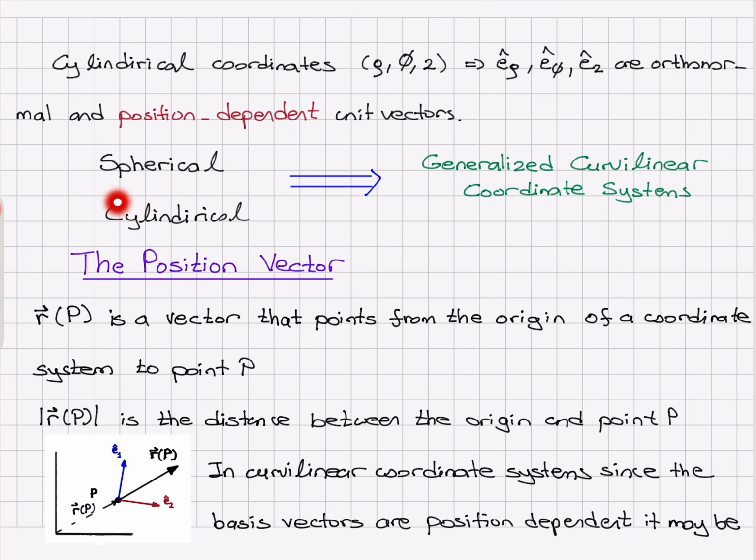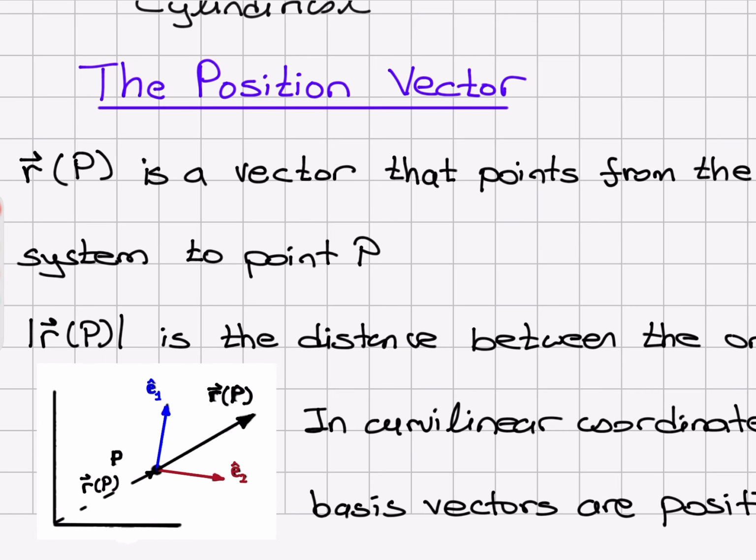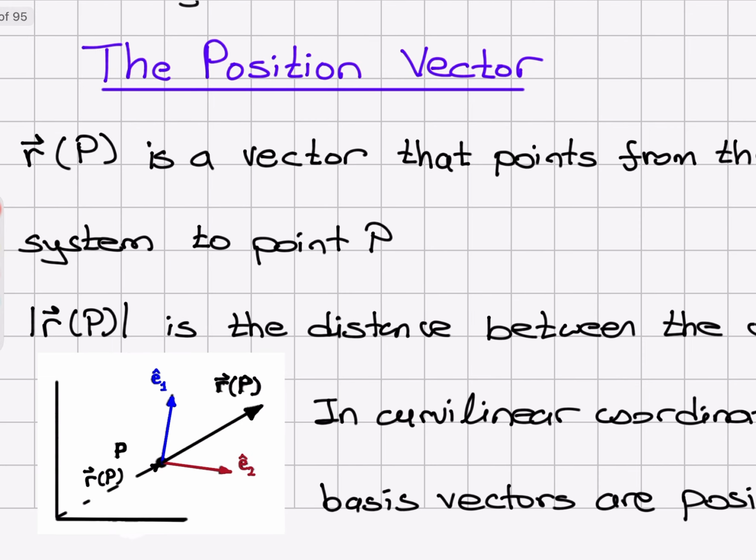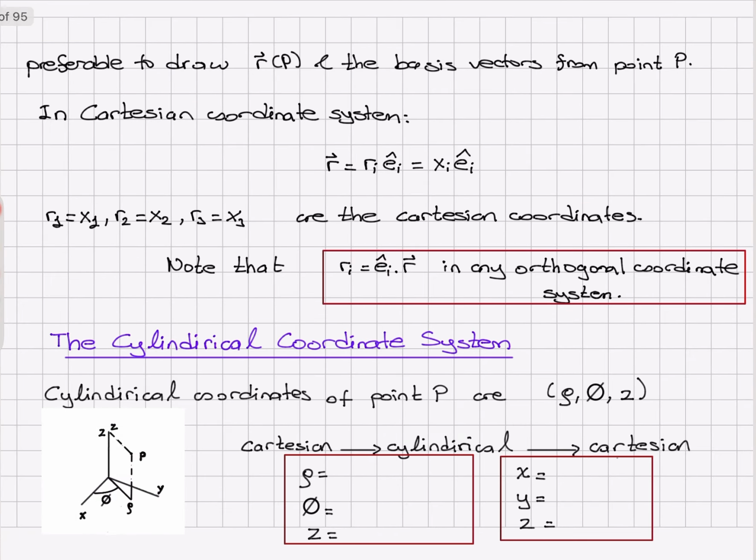So these spherical and cylindrical coordinates belong to the generalized curvilinear coordinate systems, and the position vector is defined as the vector that points from the origin of that coordinate system to the point of interest, with its magnitude being the distance to the origin. And because in curvilinear coordinate systems the unit vectors are position dependent, it may be preferable to translate it to point P to show the projections onto the basis vectors.